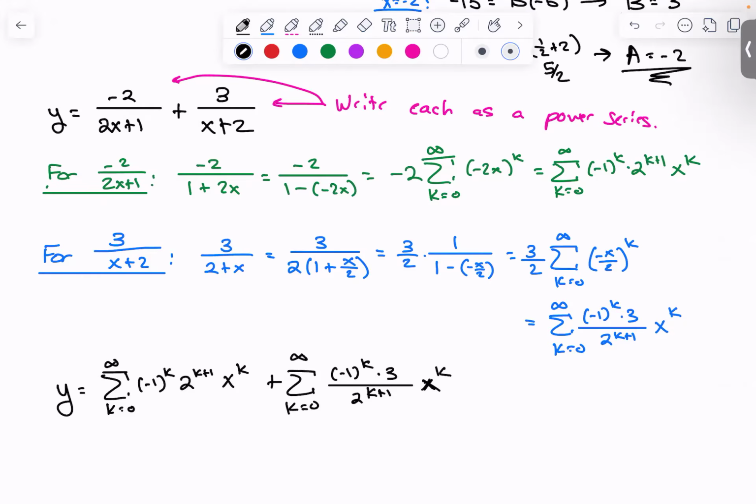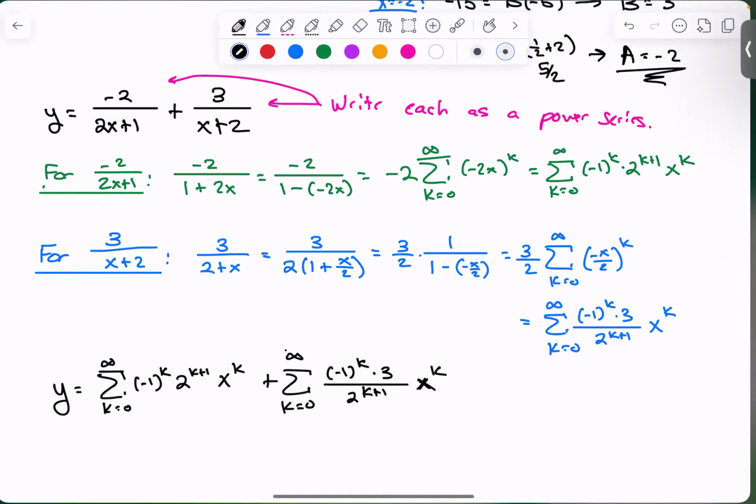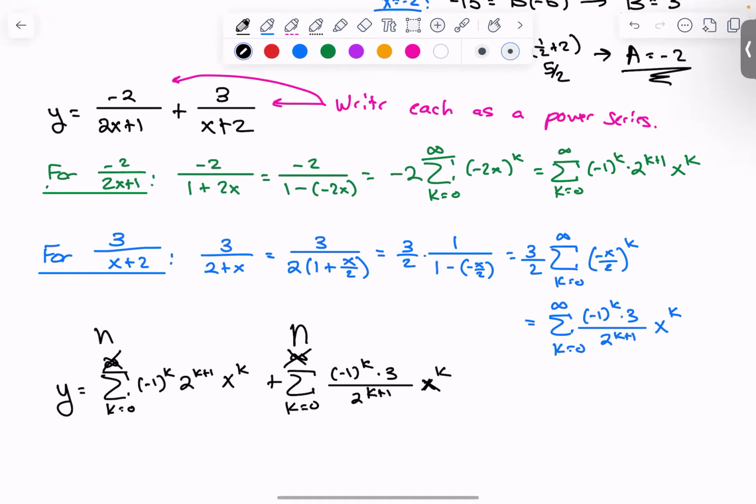Infinity is weird. We know that for a finite summation, if I make this go to n instead, then I can combine them because they start with the same index and end with the same upper bound. But infinity is strange. Can you bring them together?